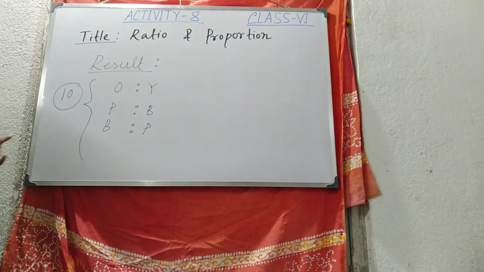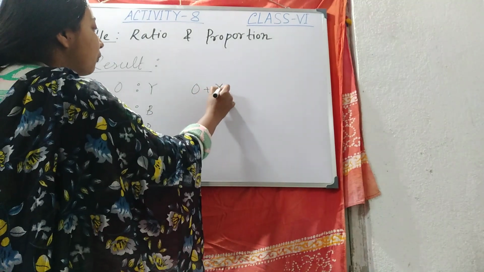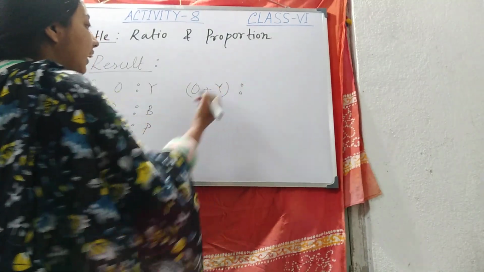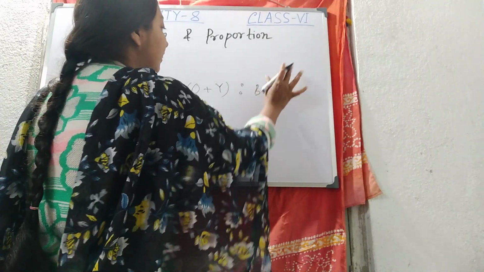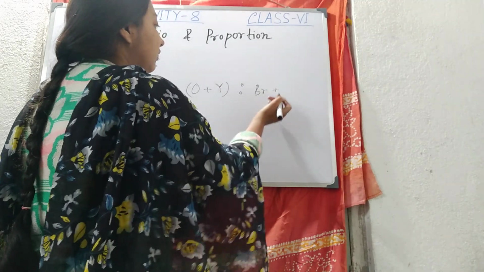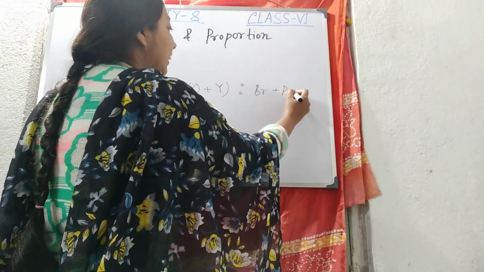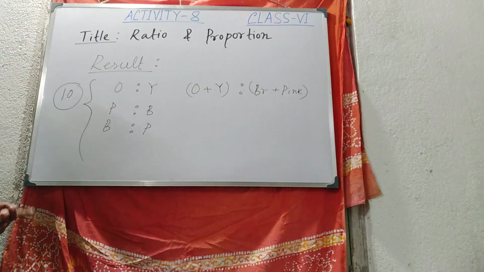So at least 10, by taking more than one. Suppose orange and yellow together, whereas you are taking brown with, what can I take? Pink. So brown with pink, 2 you can take. So in this way, at least 10 questions you will make, and whatever result you are getting, you have to write in the result part.